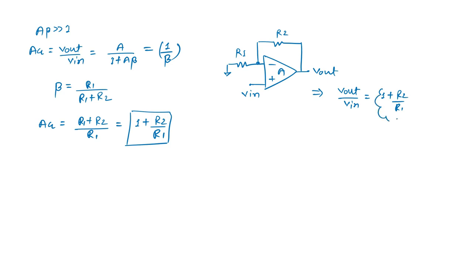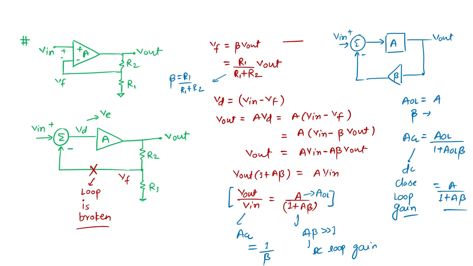But there is an actual understanding behind it: we can consider a negative feedback system with the open loop gain, the feed forward gain, and the beta factor, and from that we can directly find the closed loop gain as AOL by 1 plus AOL beta.